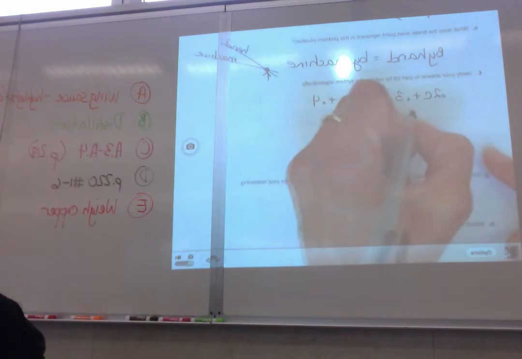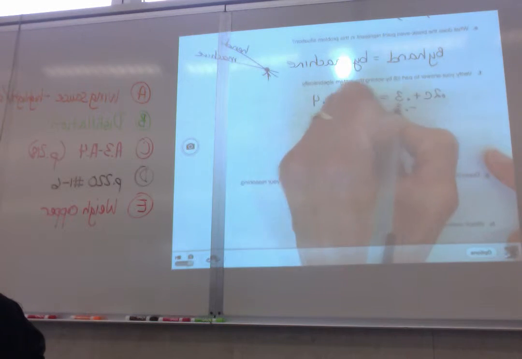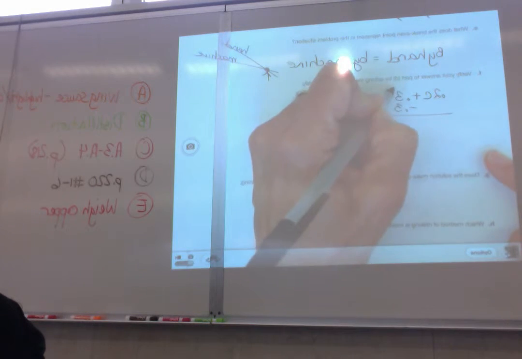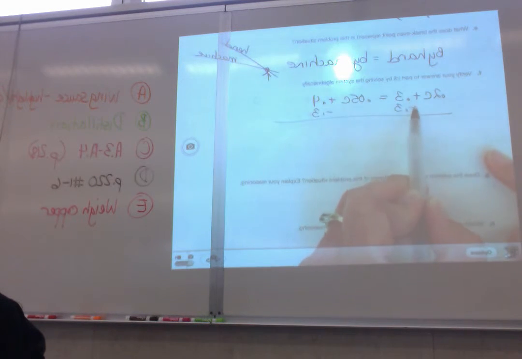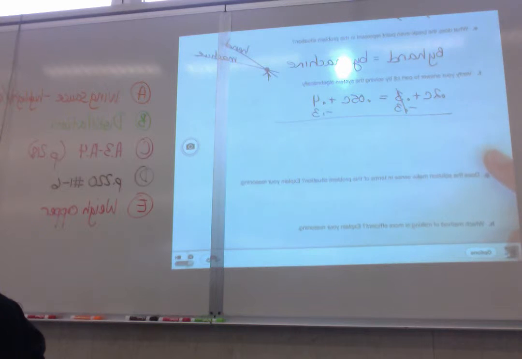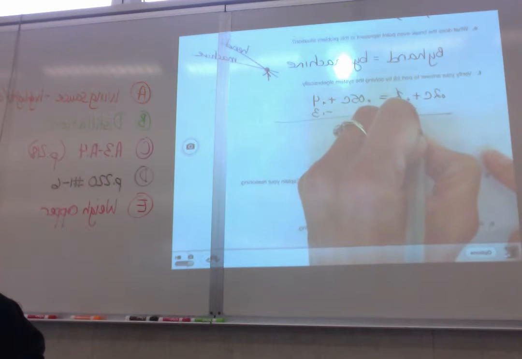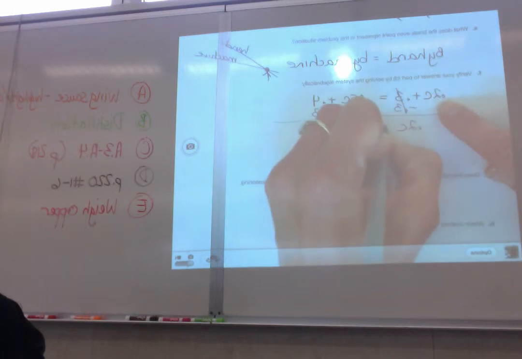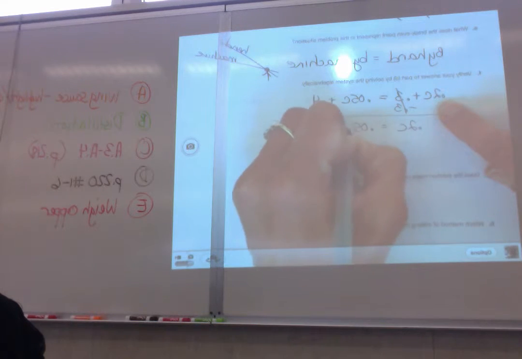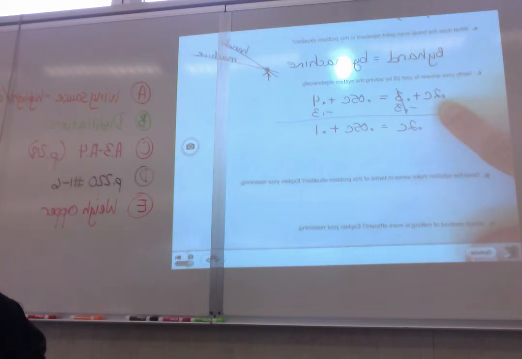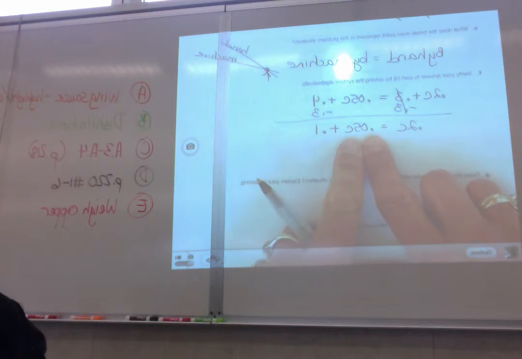I'm going to do this first: minus 0.3, minus 0.3. Both of those don't have Cs. This one was plus, this one's minus, so it's canceling on this side. What's 0.4 subtract 0.3? 0.1. So on this side I have 0.2C equals 0.1 plus. Now I want to move this C to the other side.